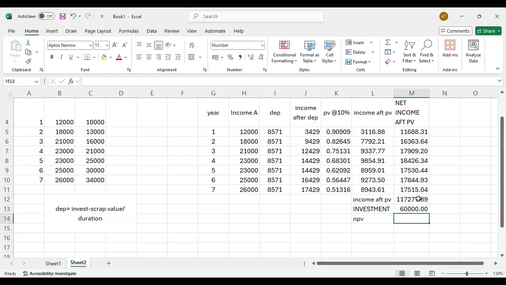So NPV is equal to inflow minus investment. So for project A, if I make a choice, I'm getting this answer. Now let's work out for project B.